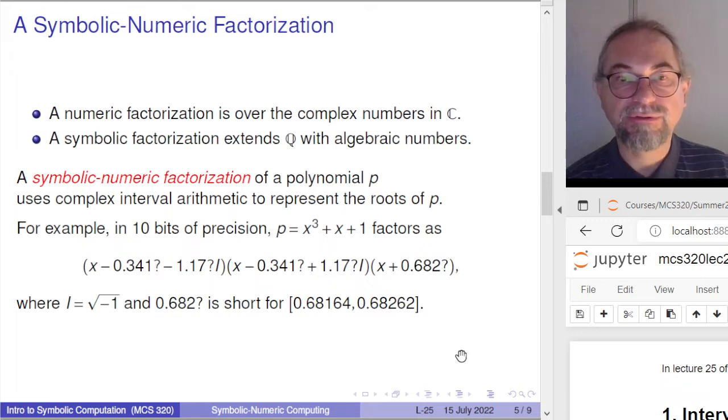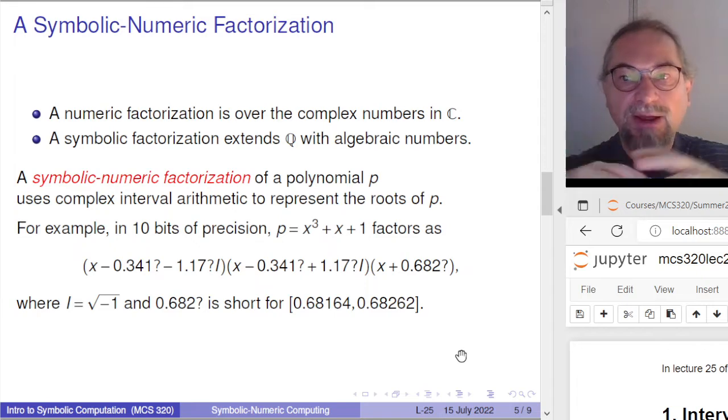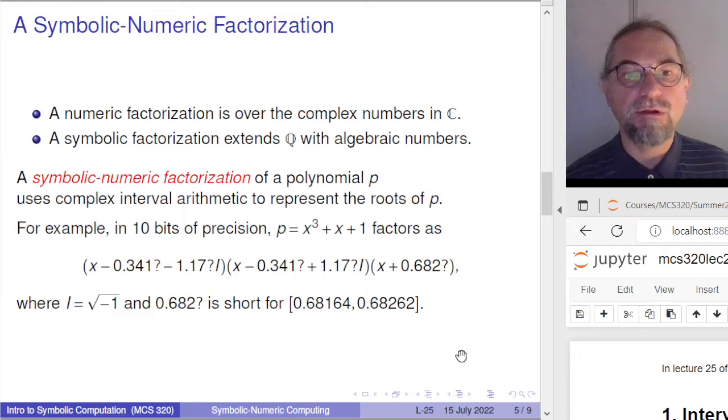It's a very nice result, but it can only be done numerically. Symbolic factorization starts from an exact factorization, so you factor first over the rational numbers, and then one adds sufficiently many algebraic numbers, sufficiently many formal roots, till you can write your polynomial as a product of linear factors.